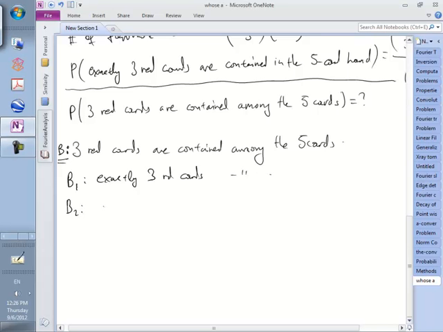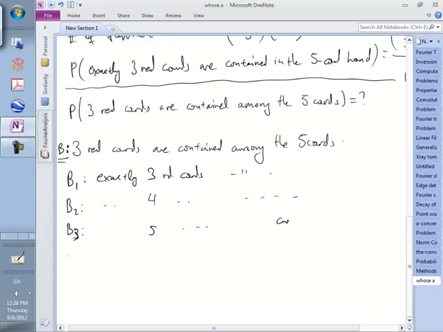B2 is exactly 4 red cards are contained among the 5, and B3, I'm using notation to simplify the language and write less, exactly 5 red cards are contained among the 5 cards. So B is the union of these 3 events. Why do I call it a union? Because I used or. Or means union, and means intersection. And these are exclusive.